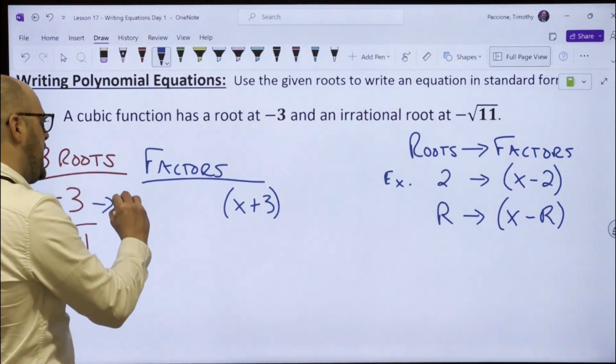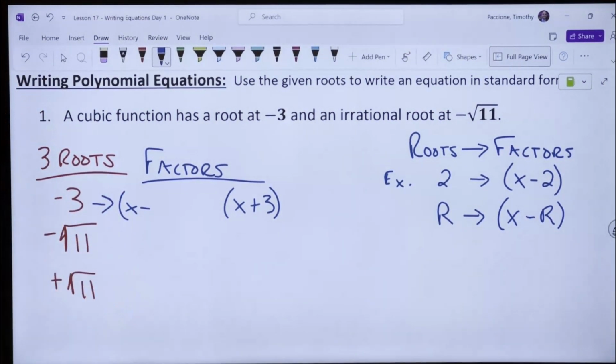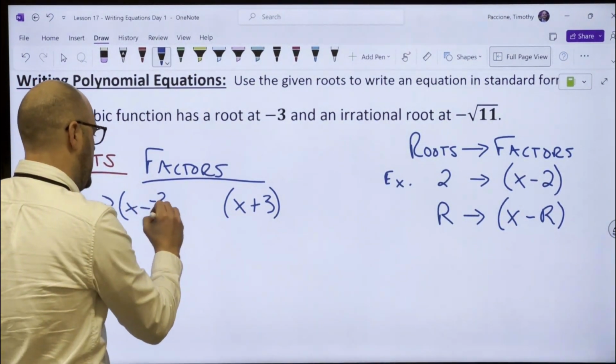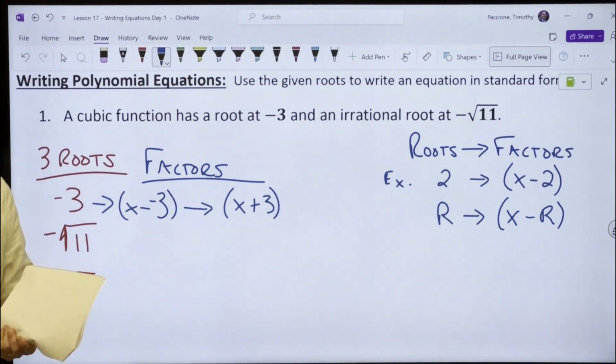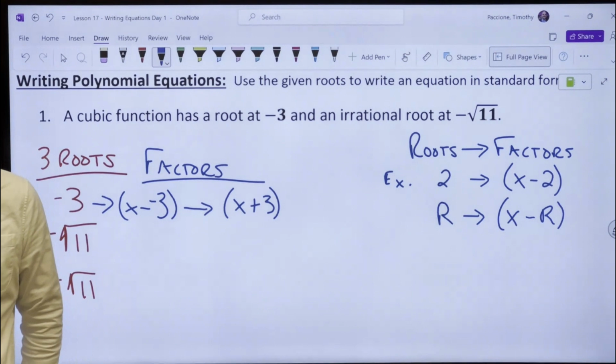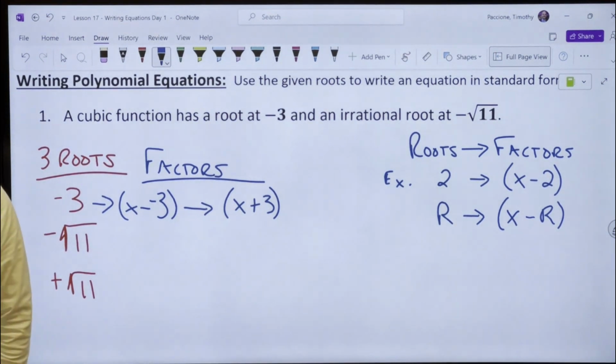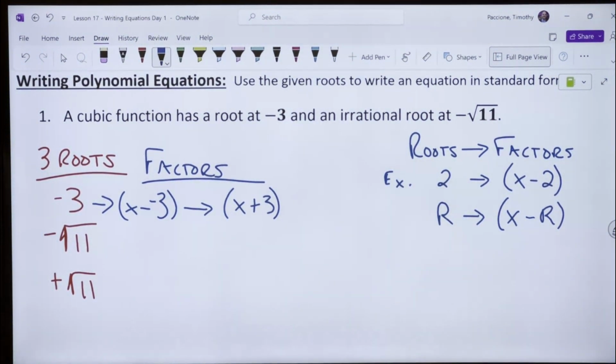It is x minus the root. What's the root? Minus 3. What is minus minus 3? What's a minus minus become? Positive. And that's why it becomes x plus 3. Now, do we need to do that every single time? No, but it's helpful when we get these weird ones, right? That we've never had to turn into factors before.